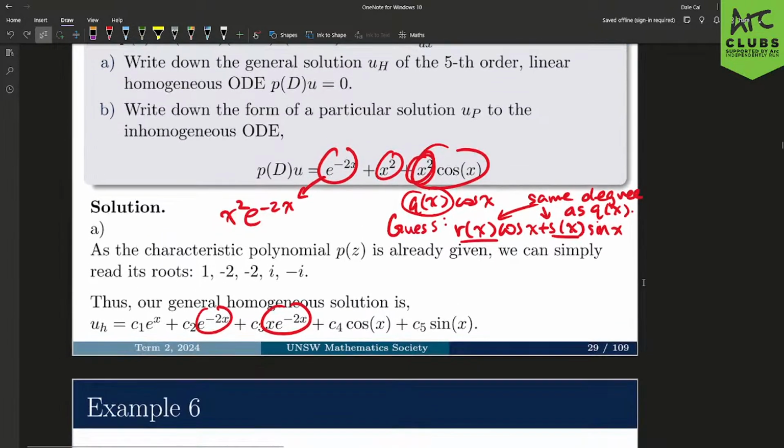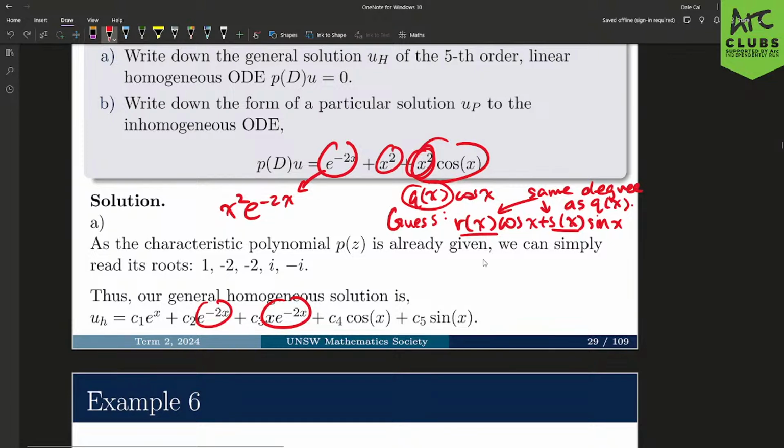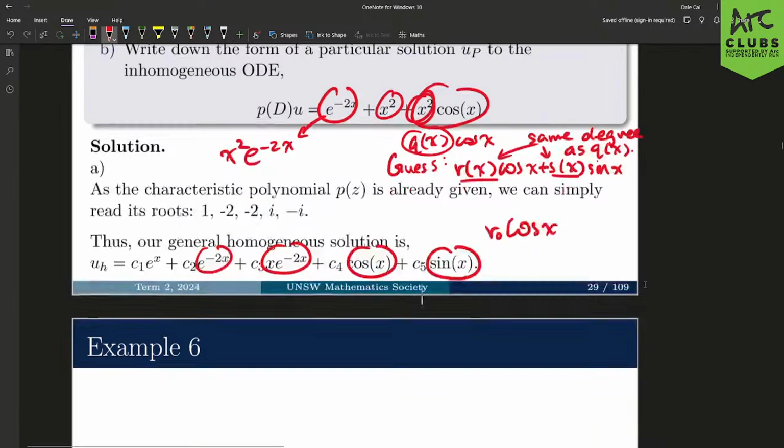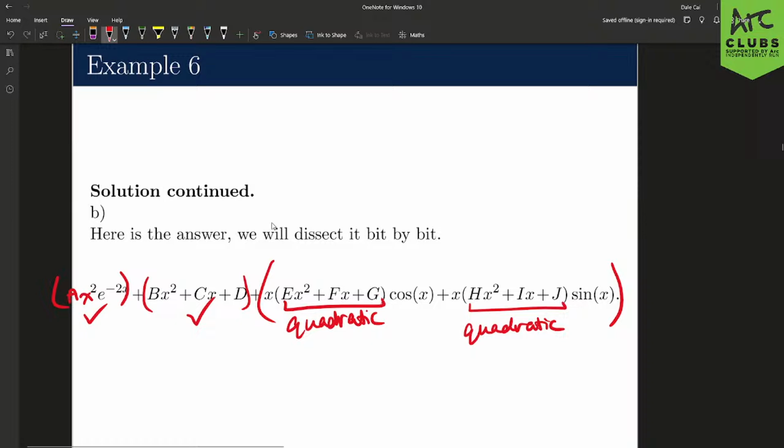The reason we need the x there is because in our polynomial, we're going to have a regular cos x term somewhere. Like if you think about the constant term of the r of x polynomial, it's going to be r0, and then with the cos x here, it's going to be this. But this is already part of our homogeneous solution. We already have a cos x and a sin x, and that means we need to put this x here to account for that, similar to how we did for e to the x.